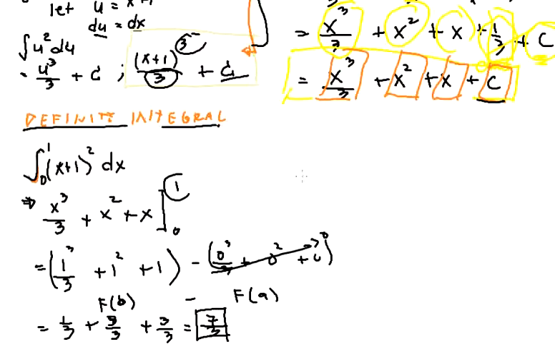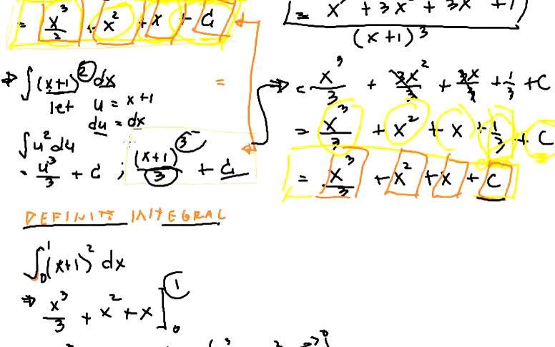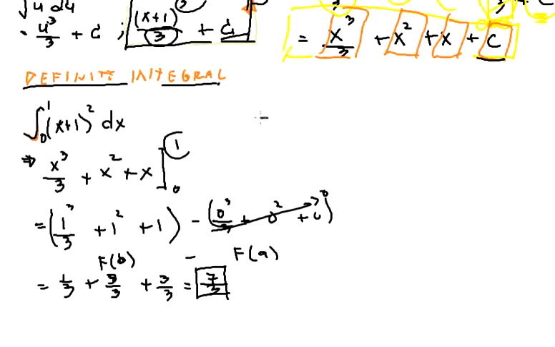Okay, so how about when we use our second method, our second solution, which is by using the change of variable. This is our final answer last time, so let's use this.